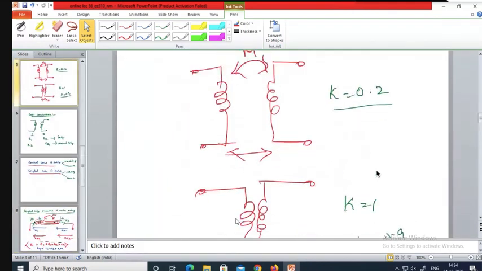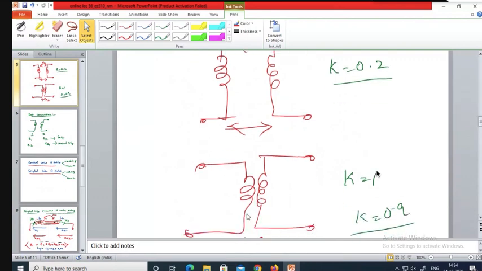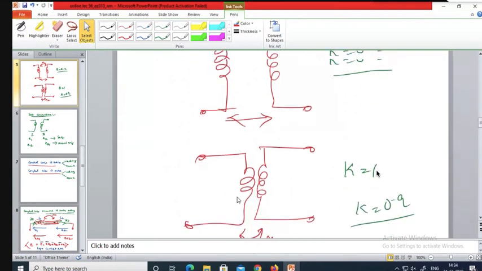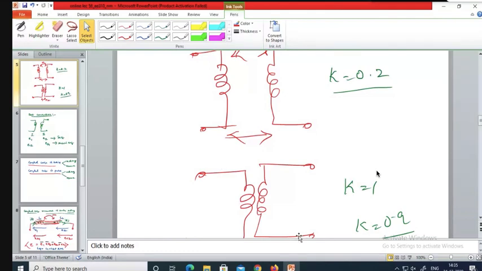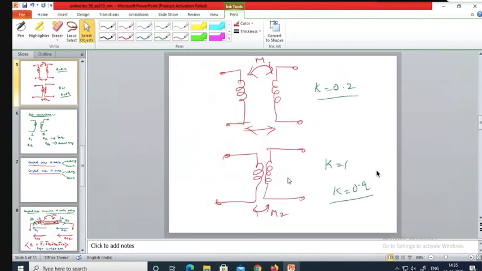If K equals 1, then all the flux coming out of coil number 1 links coil number 2. That means it is tightly coupled. If it is loosely coupled, what happens?